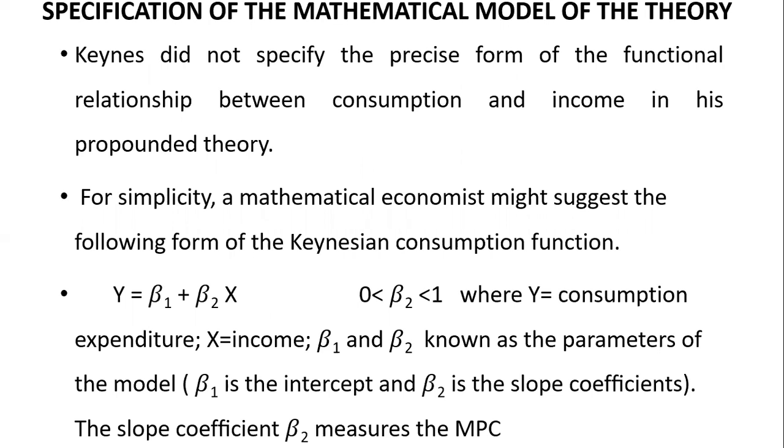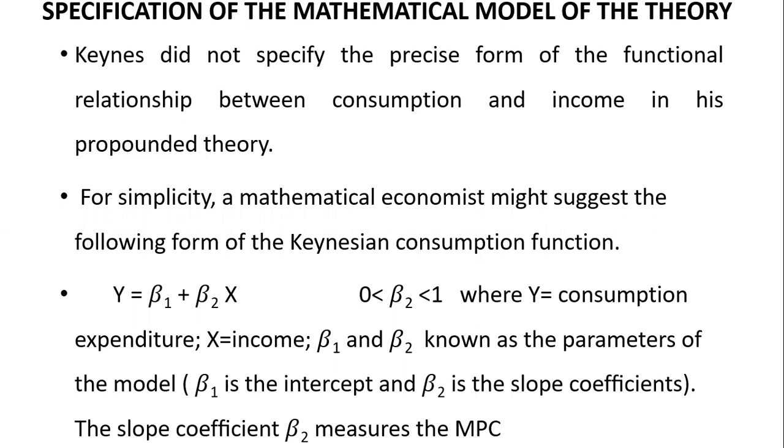Keynes did not specify the precise form of the functional relationship between consumption and income in his propounded theory. But for simplicity, a mathematical economist might suggest the following form of the Keynesian consumption function: Y = beta 1 + beta 2 X, where beta 2 lies between 0 and 1.